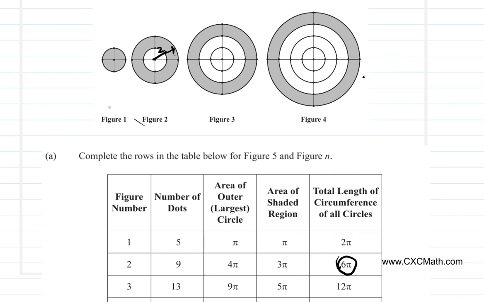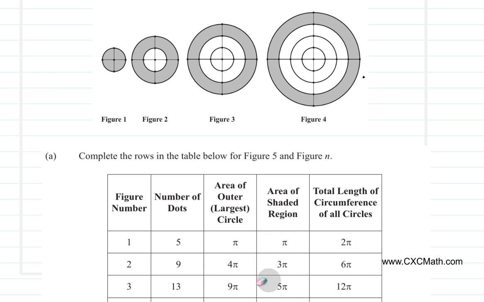What about the area of the outer or the largest circle? The total area means the inside unshaded plus the outside shaded area. The total area was 4 pi.